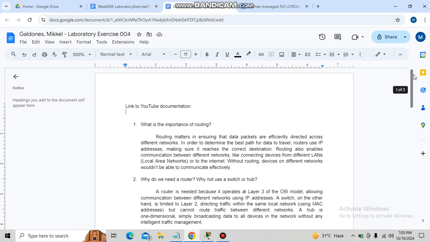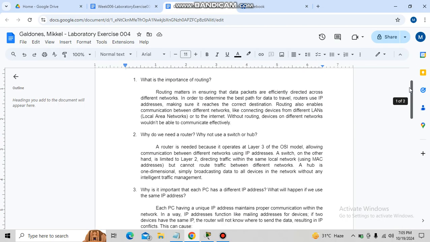So, the first question is about the importance of routing. Routing matters in ensuring that data packets are efficiently directed across different networks. In order to determine the best path for data travel, routers use IP addresses, making sure it reaches the correct destination.